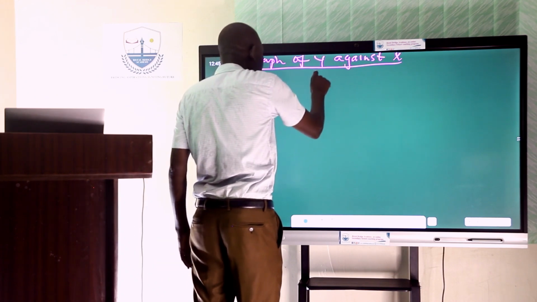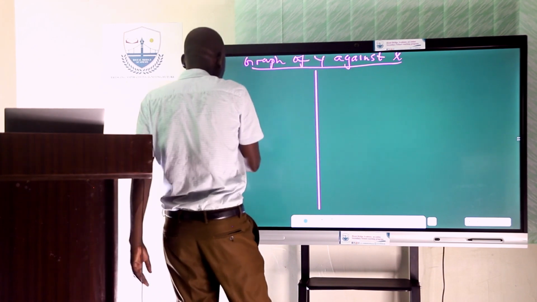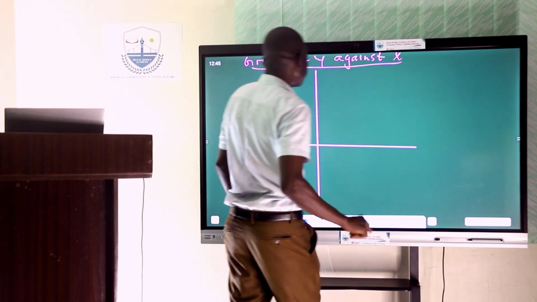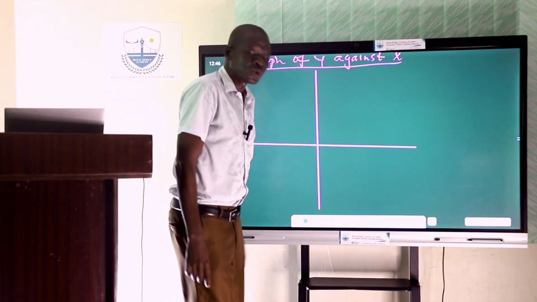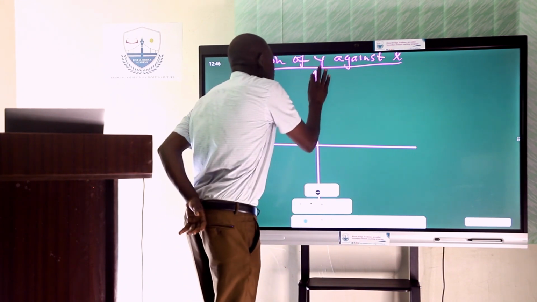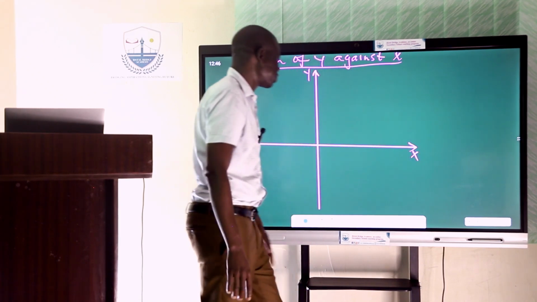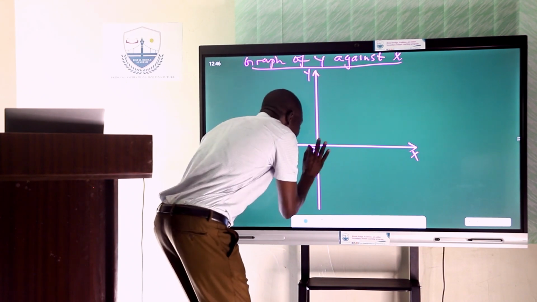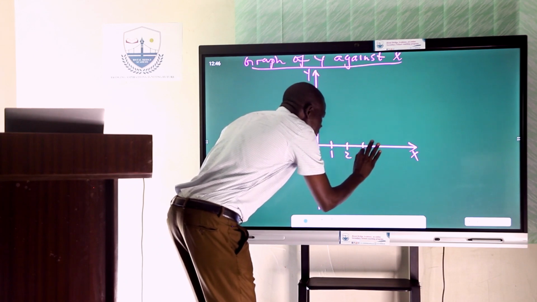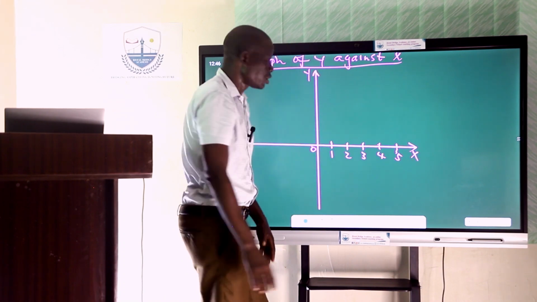On the y-axis and the x-axis, we put the values. Here we have 1, 2, 3, 4, 5.